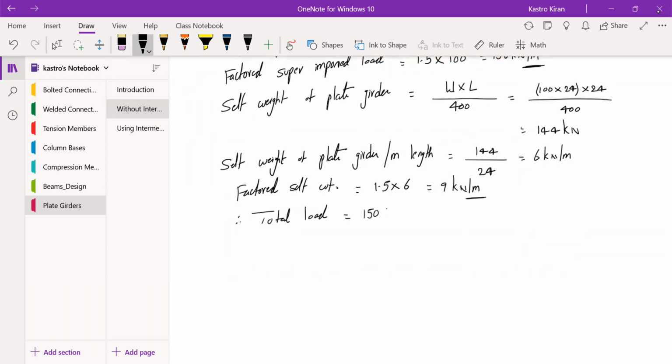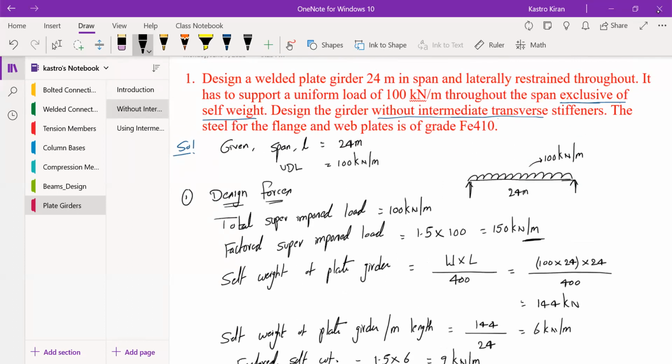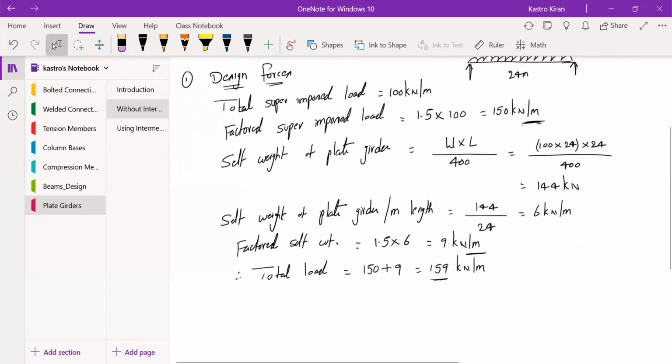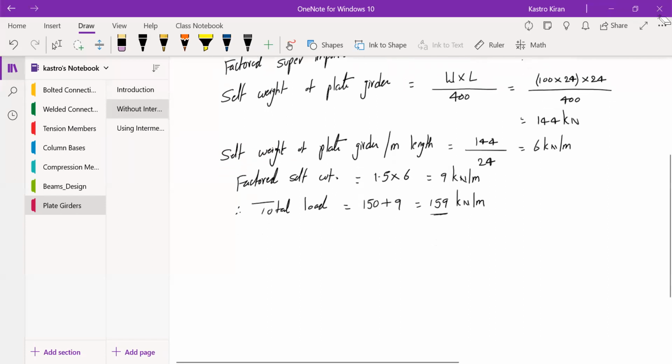So 150 plus 9 equals 159 kilonewtons per meter. This is the total load coming onto the member, including self weight and the uniformly distributed load. Wherever W is coming, you should take the value of W as 159. Don't take it as 100, or just 150, or 6. It must be 159 kilonewtons per meter of load.